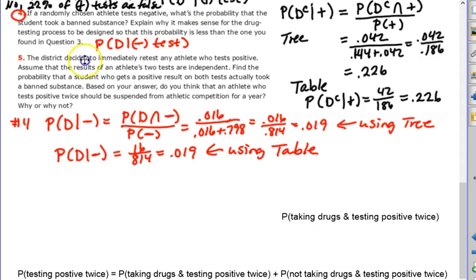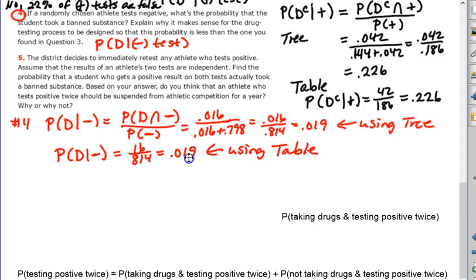Explain why it makes sense for the drug testing process to be designed so that this probability is less than the one you found in question 3. So it would make sense to me that there's very little chance of failing to detect the person who actually took drugs. Okay, so the false negatives are only about 2%.